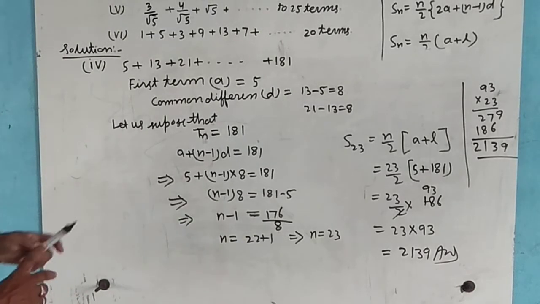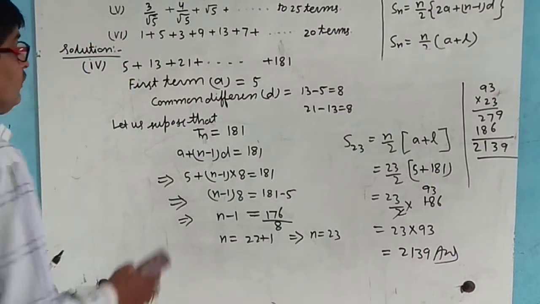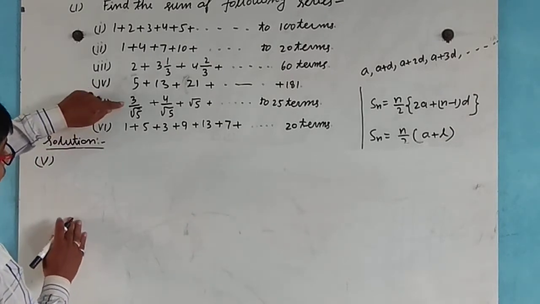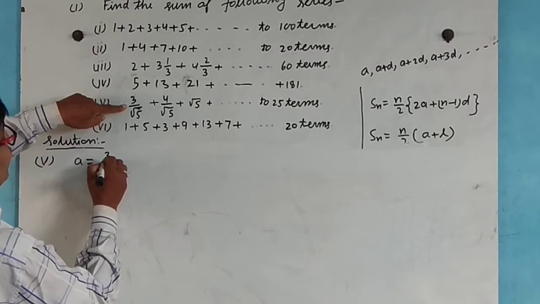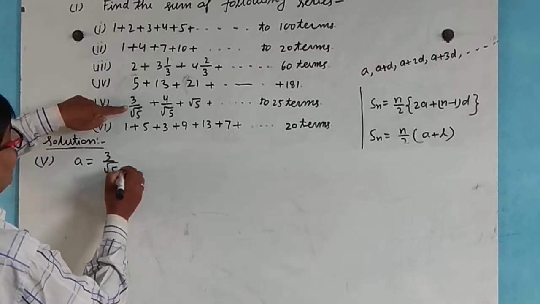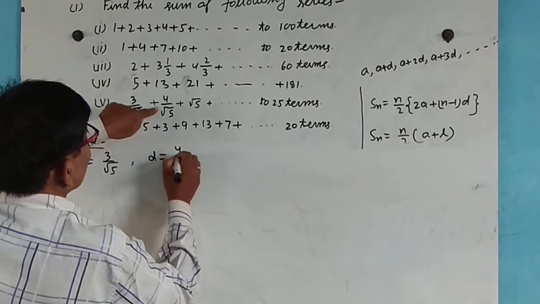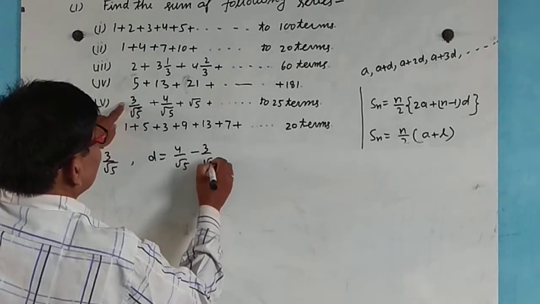Now we see the next problem here. Now fifth problem here in this case. A is equal to 3 by root 5 and d is equal to 4 by root 5 minus 3 by root 5.